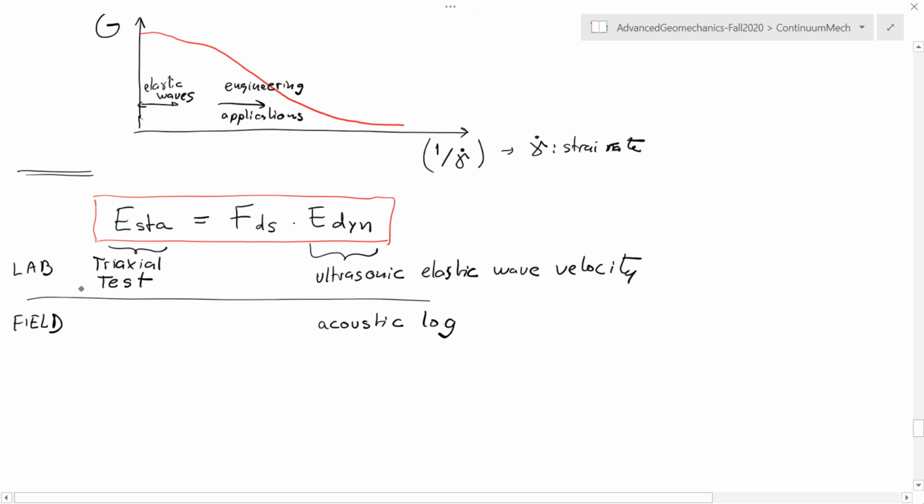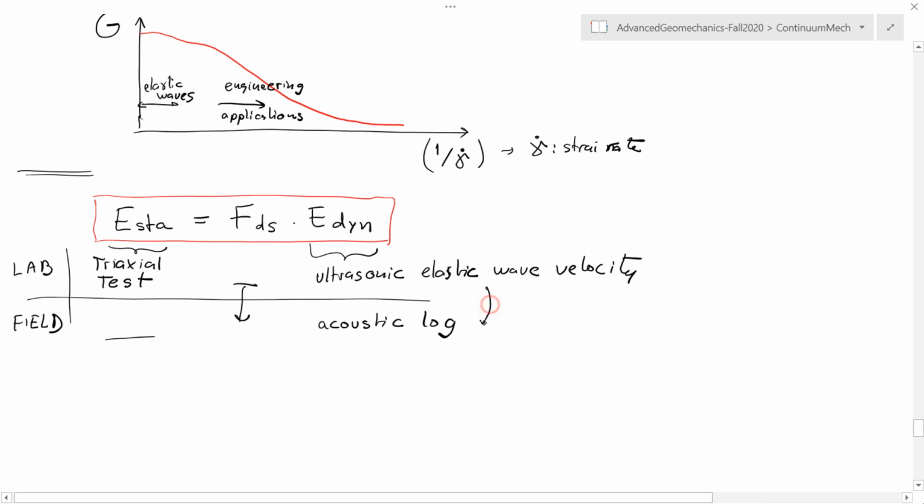So if from the laboratory you have your static Young modulus and your ultrasonic wave velocity, then you can obtain this parameter FDS. And now, as soon as you do that, if you expand this to the field, then you can obtain, as a function of depth, for every position or every point recorded in the acoustic log, what is the static Young modulus in the field.